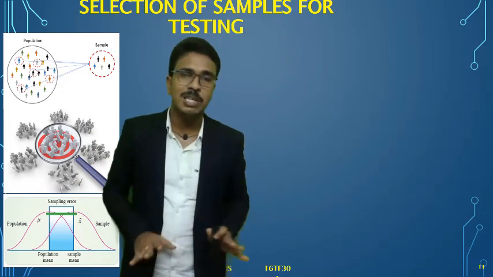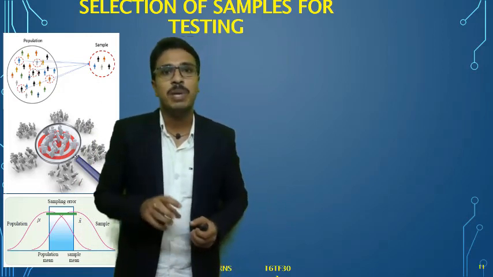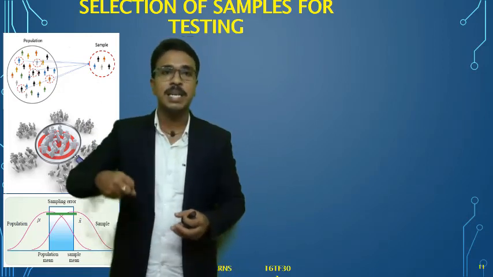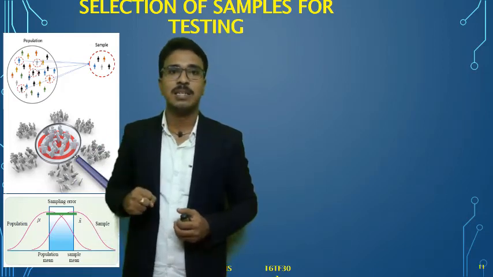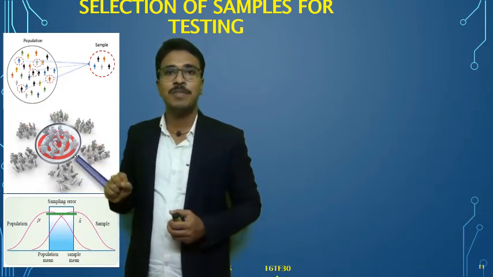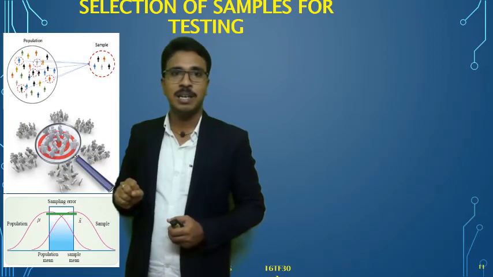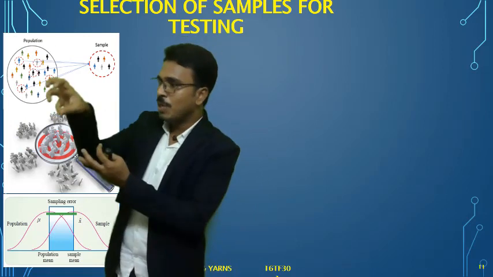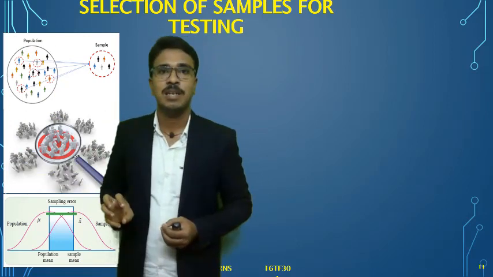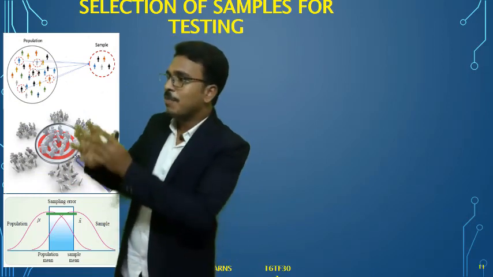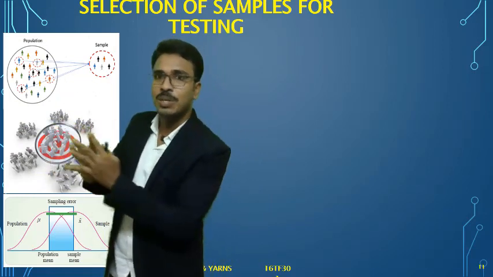Now here we are not talking about the number. We are talking about how we are picking, how we are selecting. If you have 1000 kgs of yarn, how are you selecting? Are you selecting the samples only from a particular place, or only from the place where all the cones are looking good?